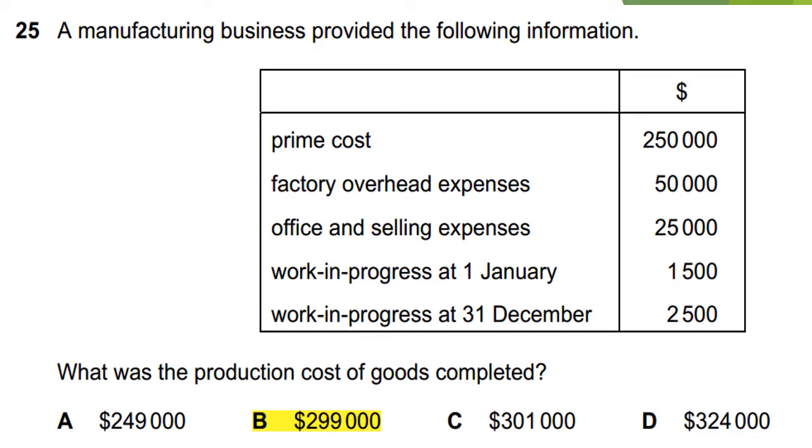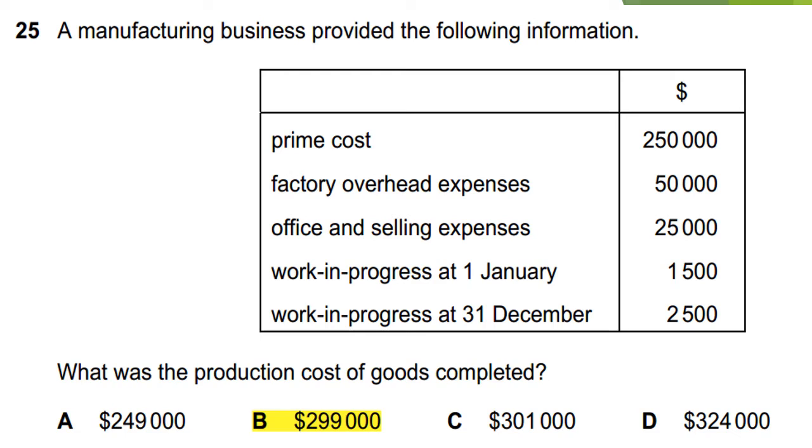And question 25: a manufacturing business provides the following information: prime cost, factory overhead, office and selling expenses, work in progress at 1st January, this is opening work in progress, and work in progress at 31st December, this is closing work in progress.